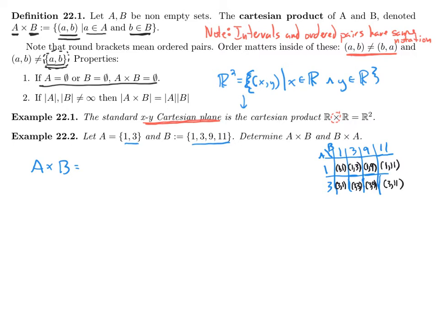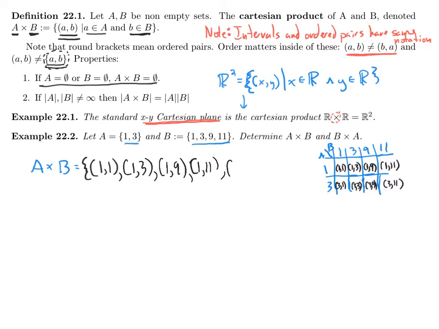So let's write that set. We have the ordered pairs. We have 8 of them. The first one is (1, 1). So that is an element of A cross B. The elements, of course, are ordered pairs. So that's key to remember. (1, 3), (1, 9), (1, 11).